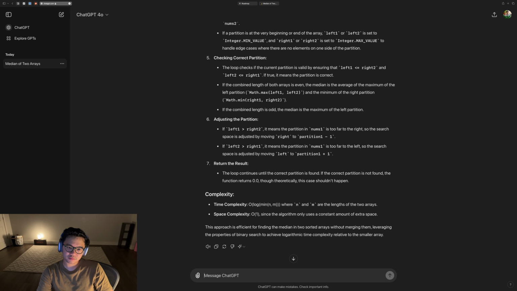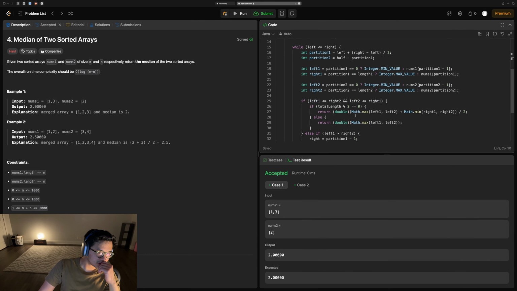Ooh. Let me think about this. Maybe I can think my way through the left less than or equal to.